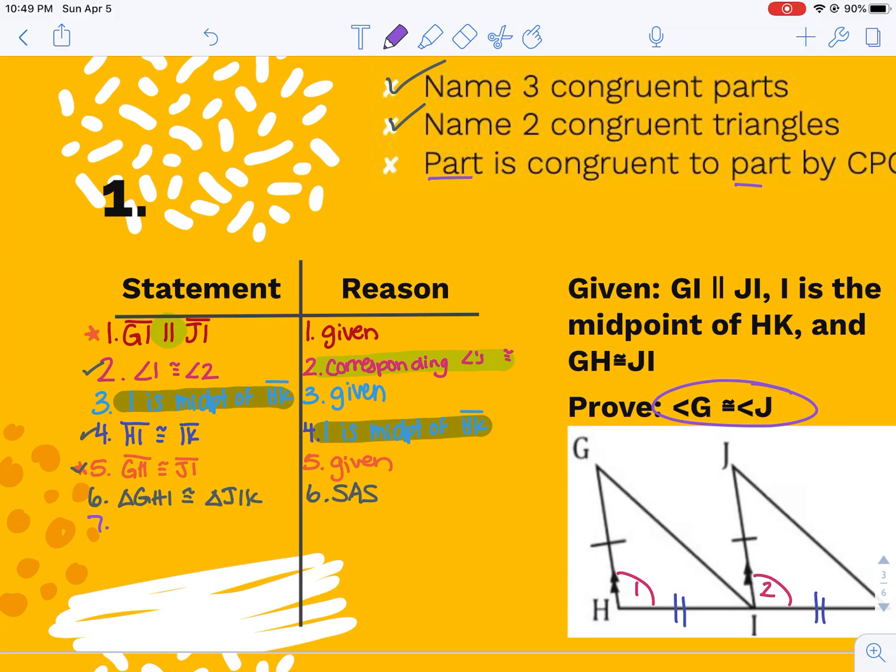I'm asked to prove G is congruent to J. So those two angles, which in my picture should match up, and in how I named them, they're both in the same spot. They're both first in this case. So I can say angle G is congruent to angle J because corresponding parts of congruent triangles are congruent. And my proof is done as soon as I've proven what I was asked to prove.